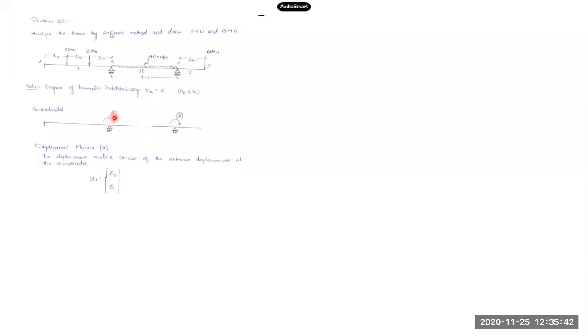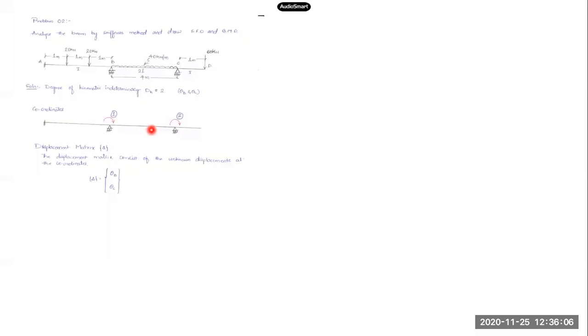That is, if I'm taking the first coordinate in clockwise direction, the second also I'll keep in clockwise direction. It is just for convenience in solving the problems. So the coordinate direction I have taken clockwise, for both. At B, the number is given 1, chosen as the first coordinate, and at C, it is taken as the second coordinate.